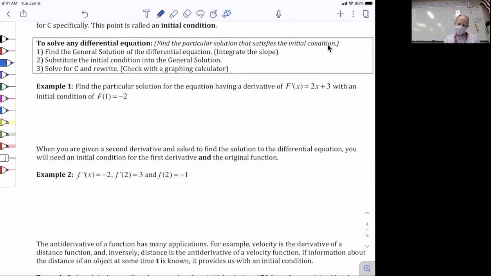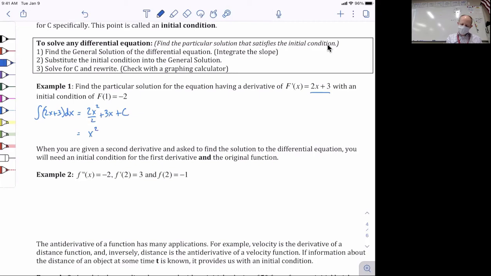All right, so it says, find the particular solution for the equation having a derivative of capital F prime of x equals 2x plus 3. So that is our derivative. So what we want to do is actually integrate the slope, integrate the derivative. And we're going to get 2x squared over 2 plus 3x plus c.